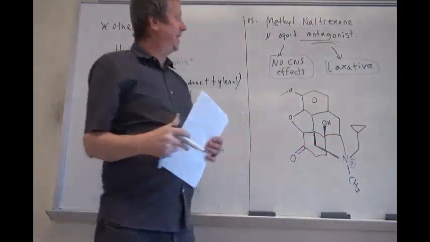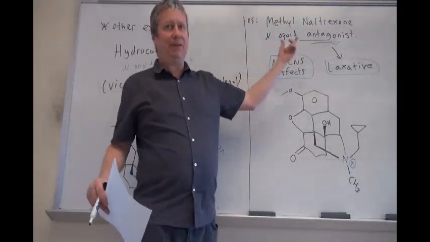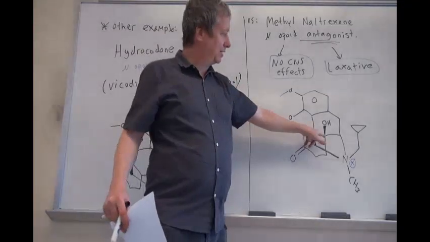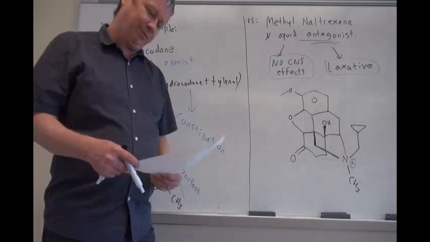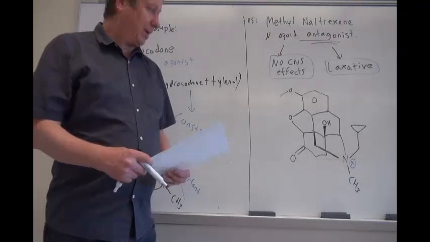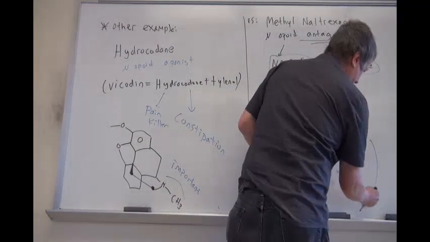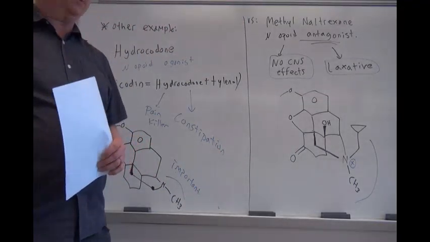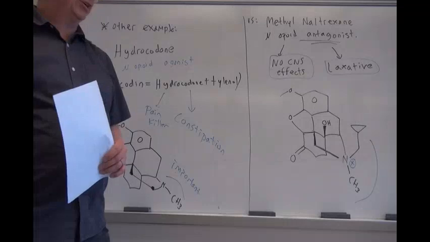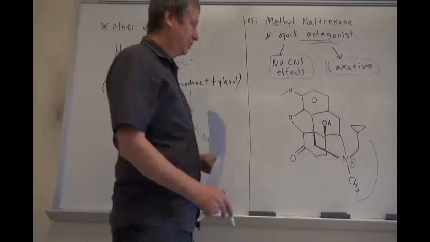Why is it an antagonist instead of an agonist? My guess is the hydroxy group is there, but it's not totally clear with these opioids. What's that thing called? You have a nitrogen with a positive charge. It has a name. What's that functional group called?